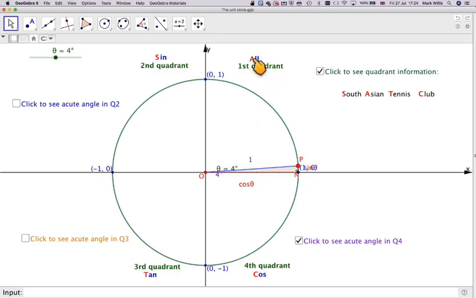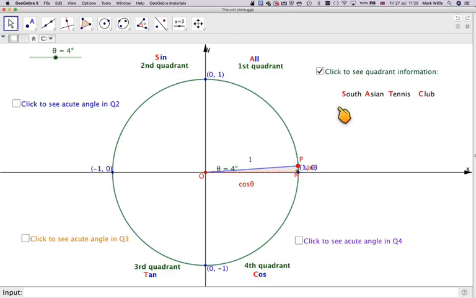In the first quadrant, all three ratios are positive. In the second quadrant, sine is positive, the other two are negative. In the third quadrant, tan is positive and sine and cos are negative. And in the fourth quadrant, cos is positive, but sine and tan are negative.